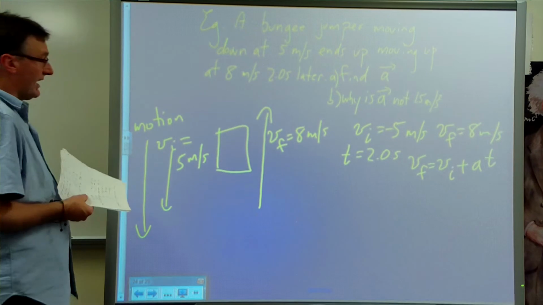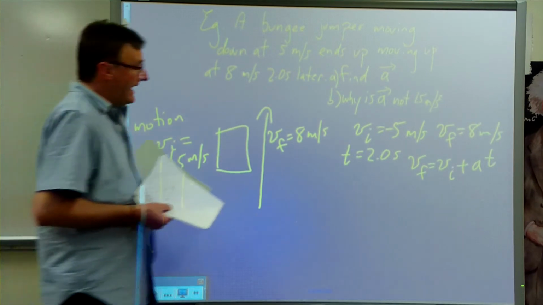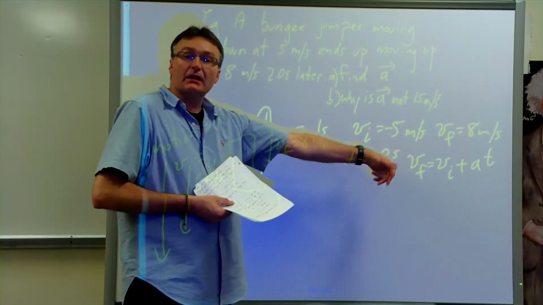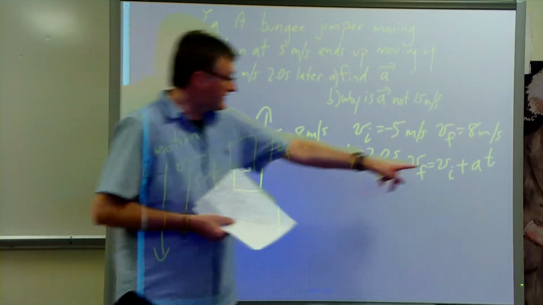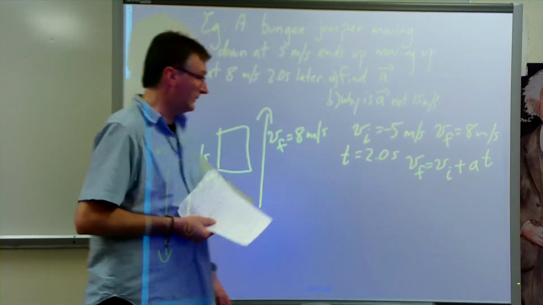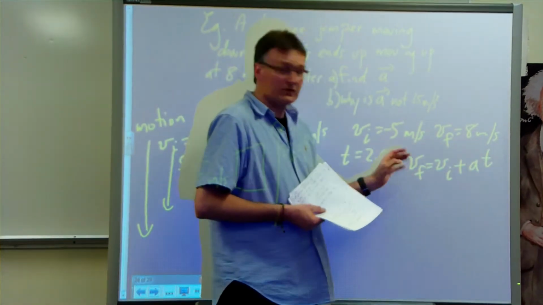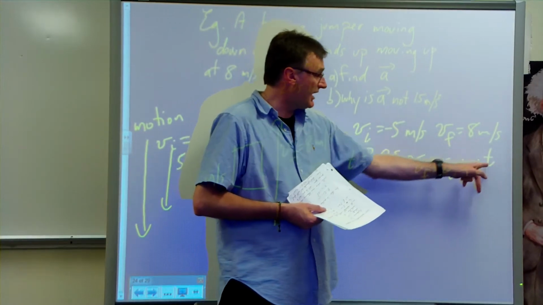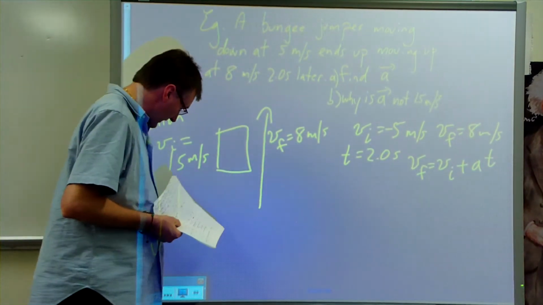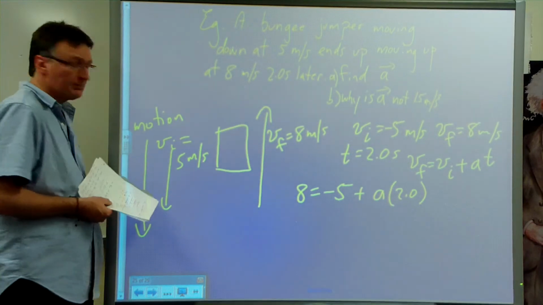All right, so there's our diagram, there's the information. And here's the equation then, or the formula that will help us get our unknown, which is the acceleration. So we want to find the acceleration. All the other things in this equation we have. We have final velocity, initial velocity, and we have time. And we need to find the acceleration. All right, so I'll just put the numbers in.